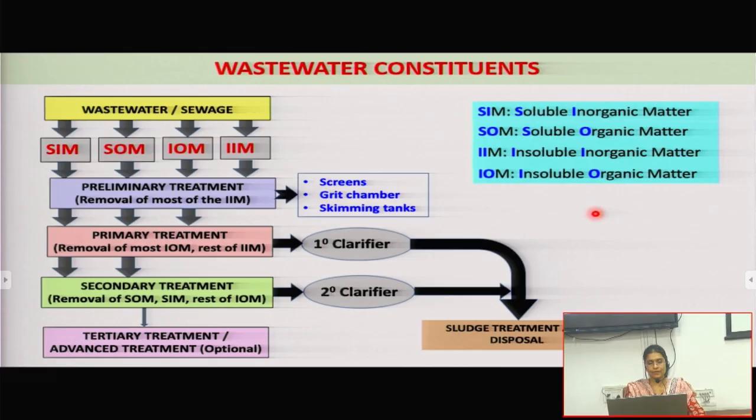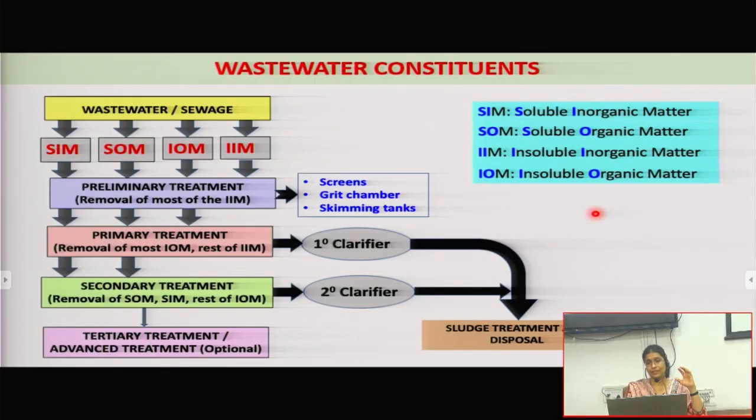Why? Because for wastewater, like I was saying, when you go to a doctor and give the symptoms, similarly here, very nicely, I can categorize all my pollutants into just these 4 categories. The first classification is: is my pollutant soluble or insoluble?